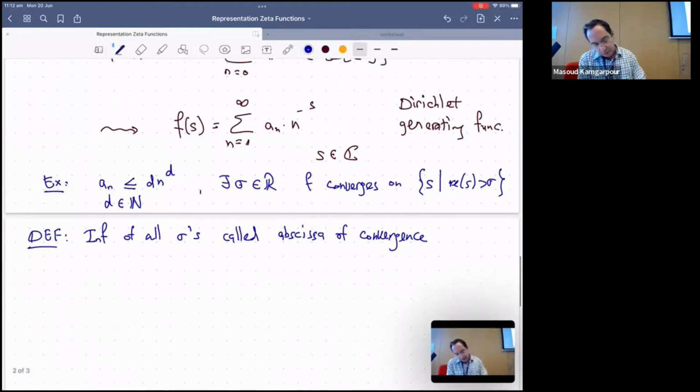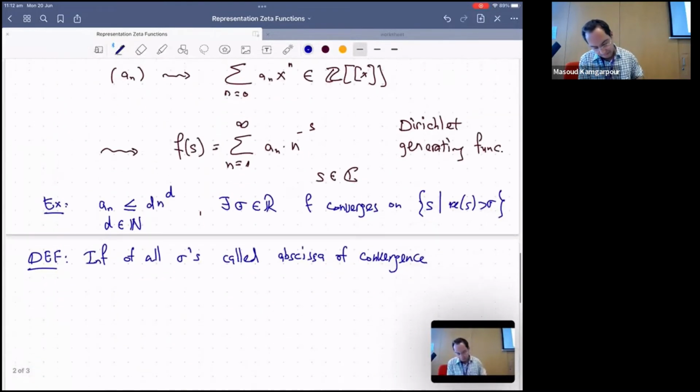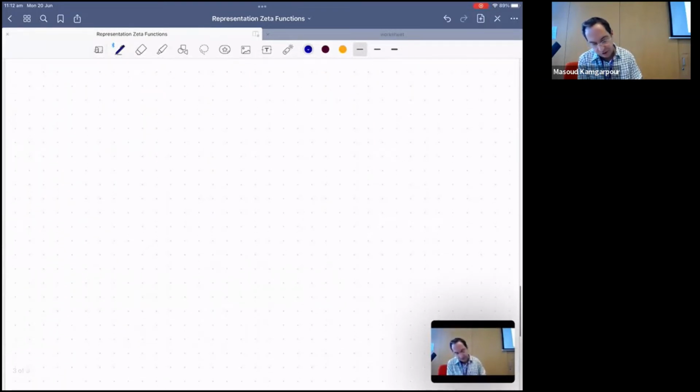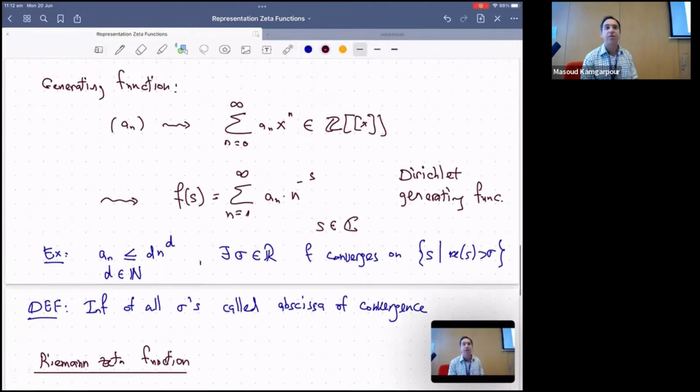So let's go back now to the sequence B_n that I defined here. And let's take the case where we are with K equals just the rationals. So that will be now a small discussion on the Riemann zeta function. I should say the idea of packaging all these numbers in one object is very useful.